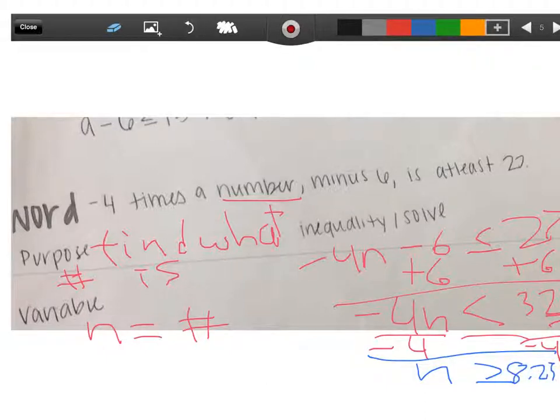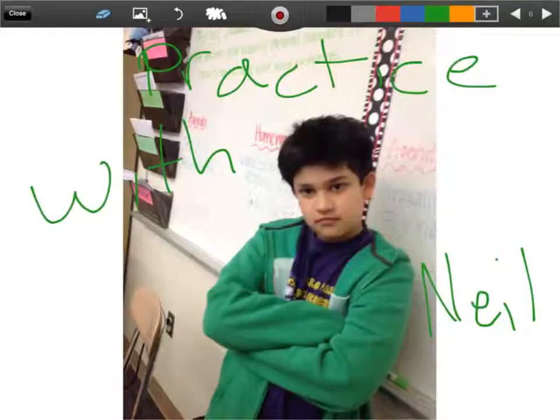So that is our answer. Oh yeah, and this is how you graph it. 8.25, I can't draw that. Okay, so you put a closed dot on 8, and the arrow is pointing to the right.